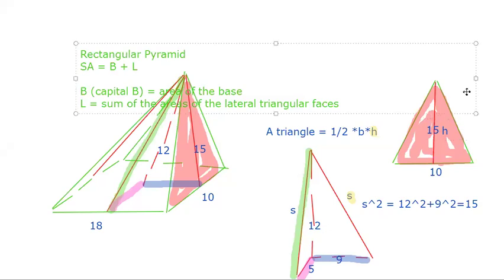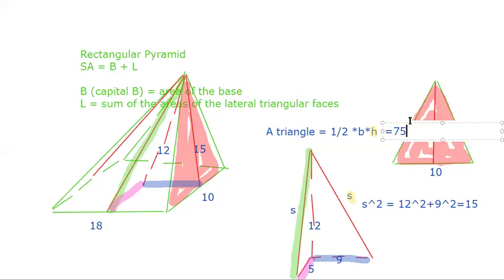Okay. Now we could find the area of that triangle. It's 1/2 the base times the height. 1/2 times 10 times 15 is 75. Okay. Now the opposite side triangle is the exact same. So this triangle over here, exact same measurement.